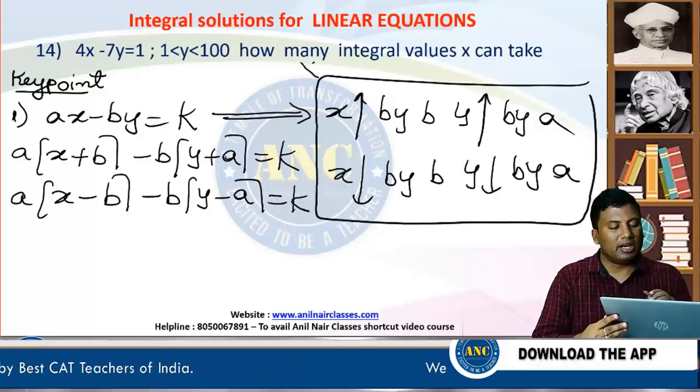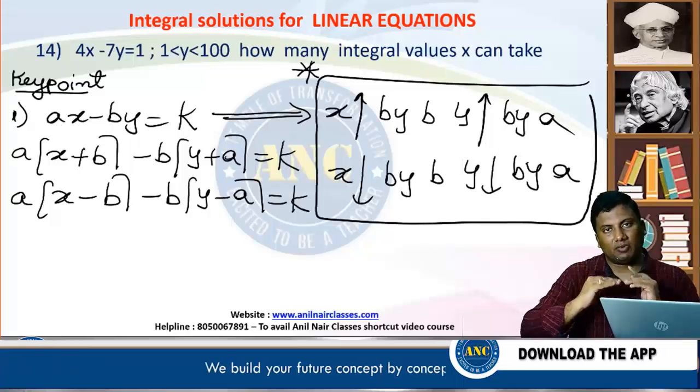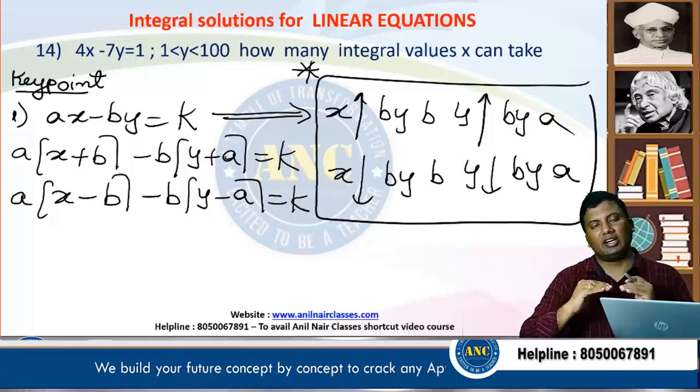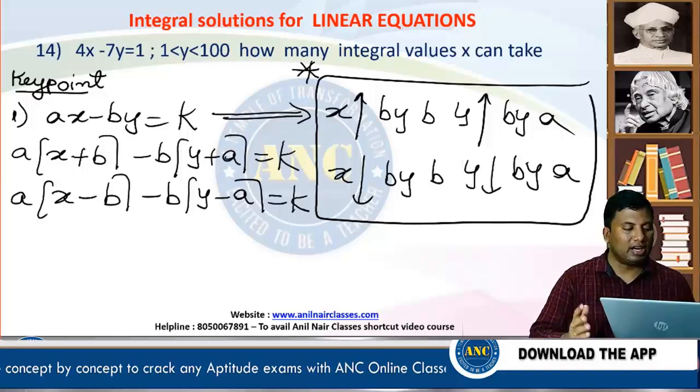Because it is minus, X and Y are directly related. If X increases, Y also increases. If X decreases, Y also decreases. Key point 1, I hope it is clear.